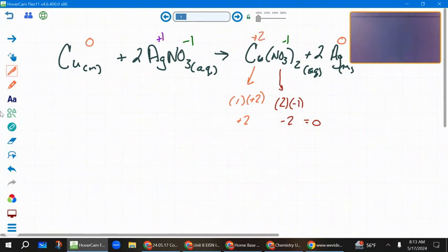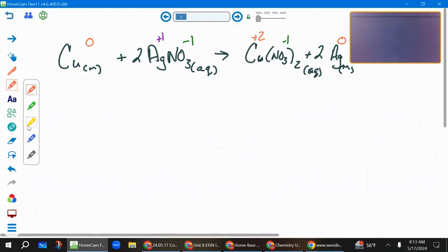Okay, good. So now, ladies and gentlemen, what's changed charge here? Look from one side of the equation to the other. What elements have changed charge? The Cu. Cu went from 0 to positive 2.